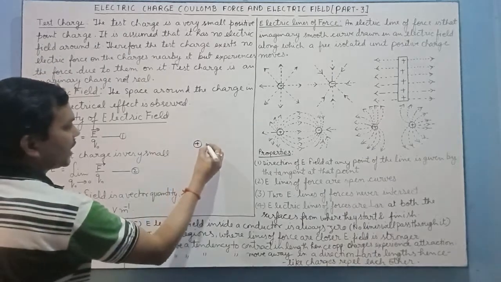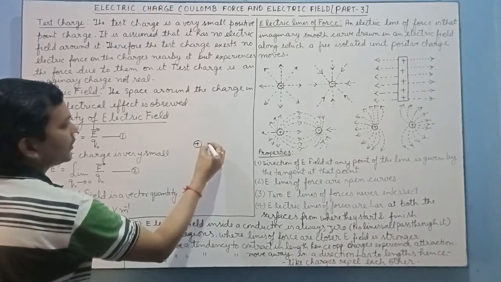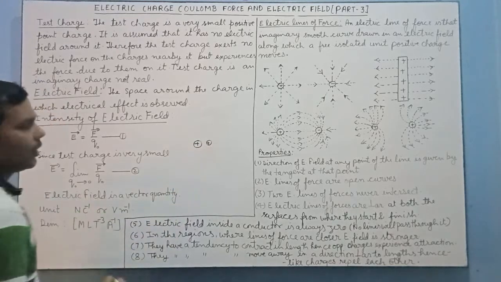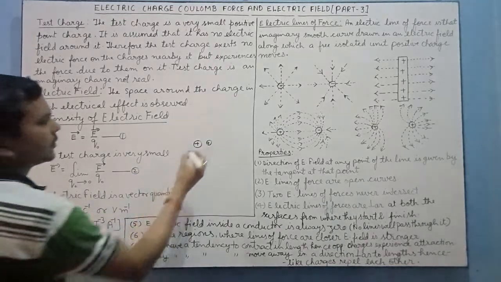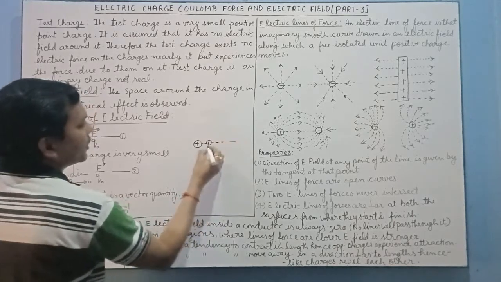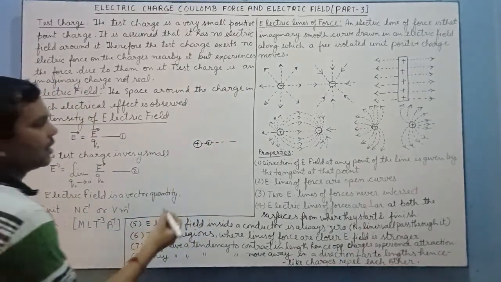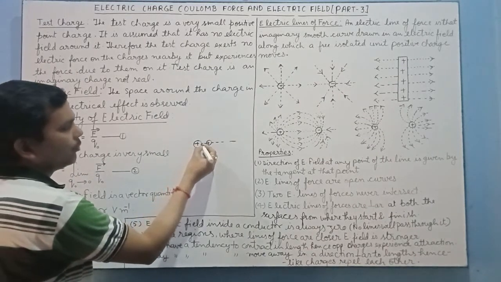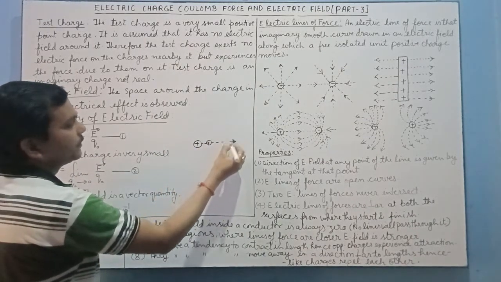We will take a test charge and place it nearby, and we will leave it free to move. This test charge will experience a force of repulsion due to this positive charge and will move along this path.